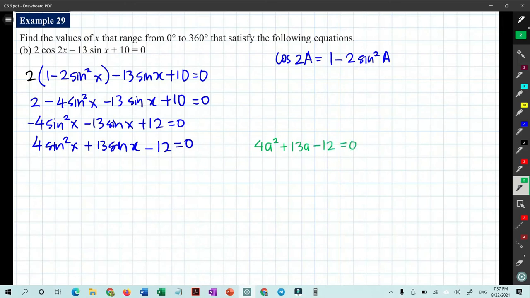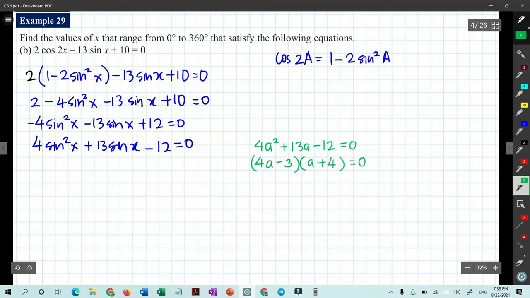Okay, so this is a quadratic equation, and now we can factorize this quadratic equation. So 4a minus 3, a plus 4 equals to 0. Okay, and in fact we can verify this using the calculator.